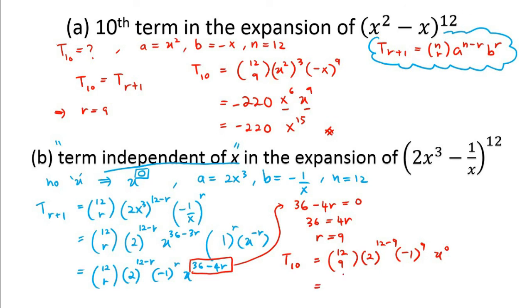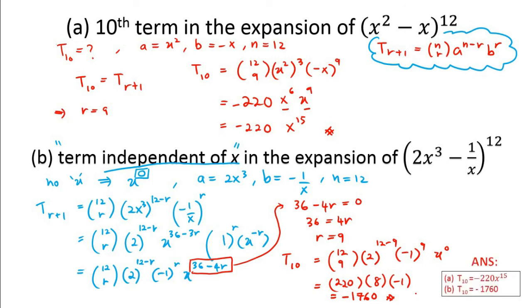So just calculate using your calculator. We would have 220 again, so 220 times 8, also times negative 1. So basically the final answer should be negative 1760, without x. That's why we call it the term independent of x. Okay, so that should be our final answer.